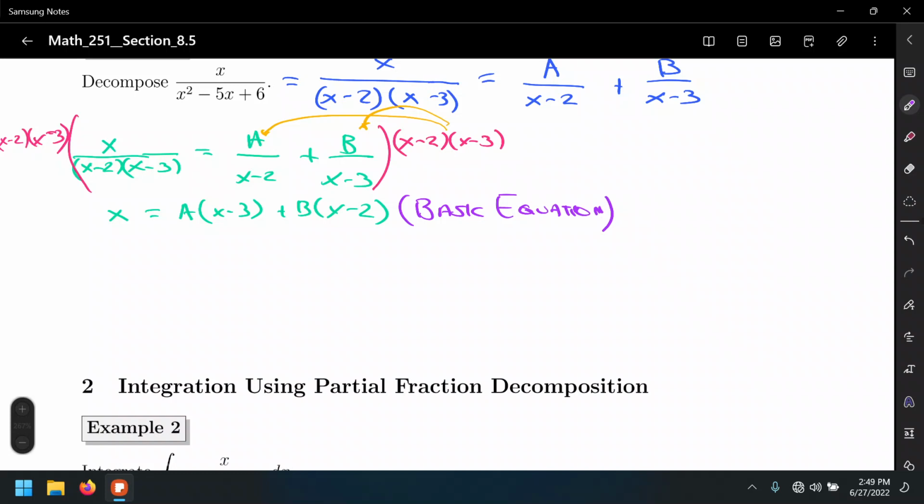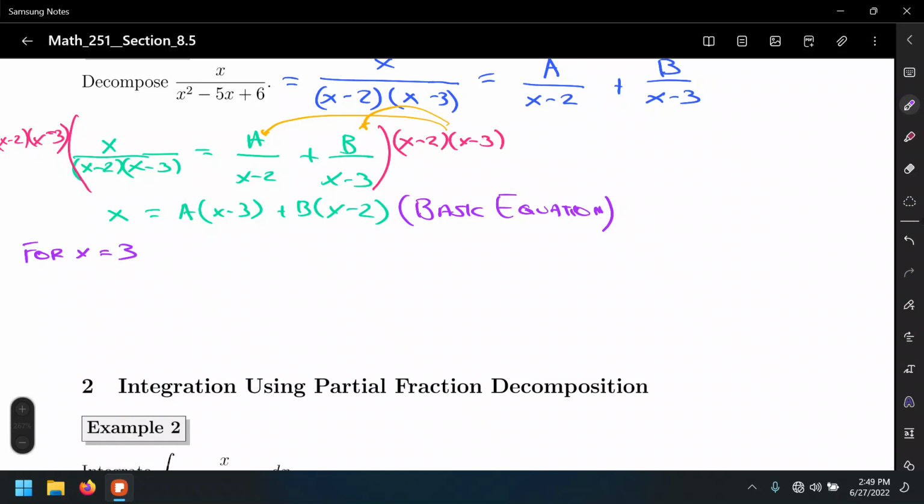However, what happens if x equals 3? Notice how if we plug in a 3 on the first term, that gets zeroed out, and here we get another number, and we will be able to find b.